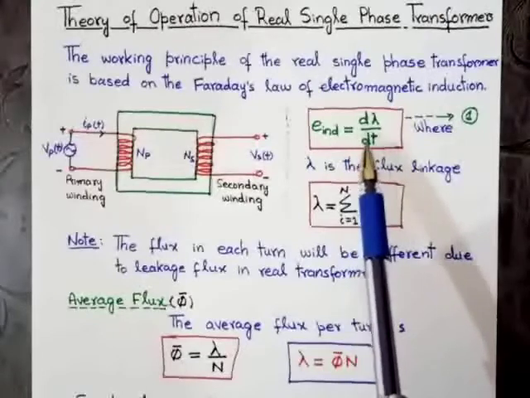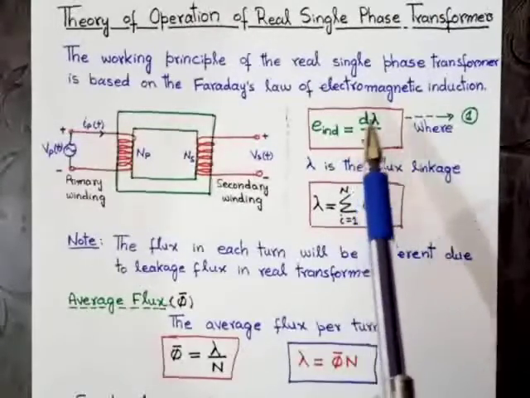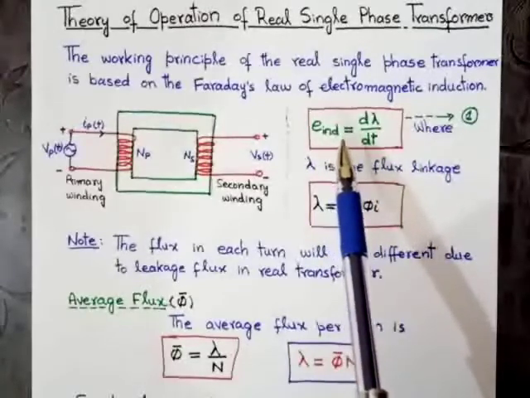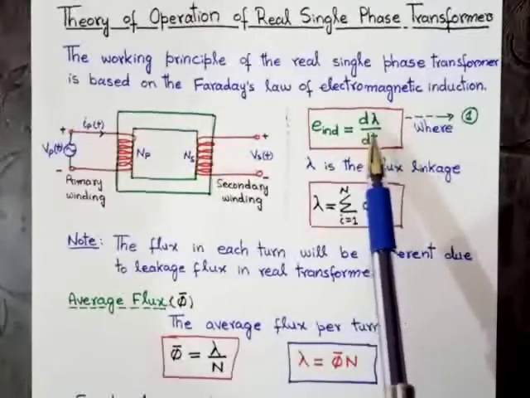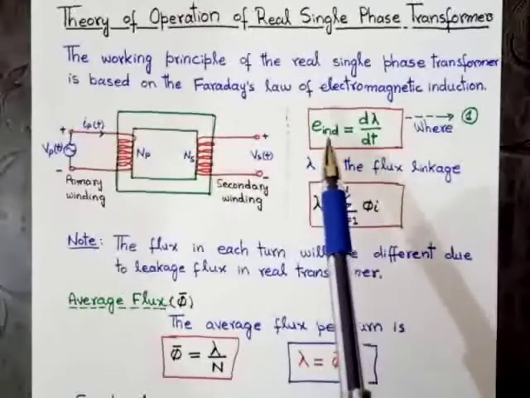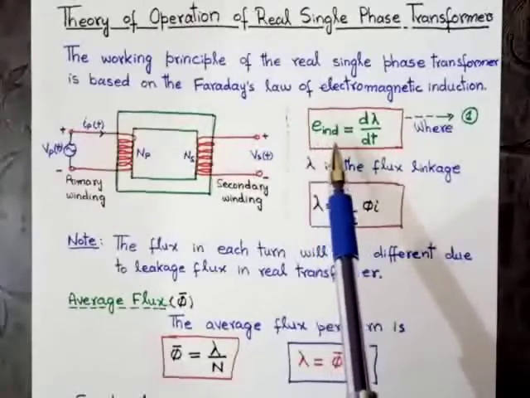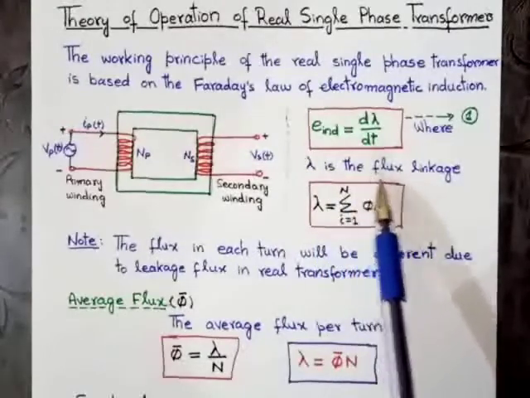It means when the rate of change of flux linkage is more, the induced voltage will be more. When the rate of change of flux linkage is less, then according to Faraday's law of electromagnetic induction, the induced voltage will be less, where lambda is the flux linkage.